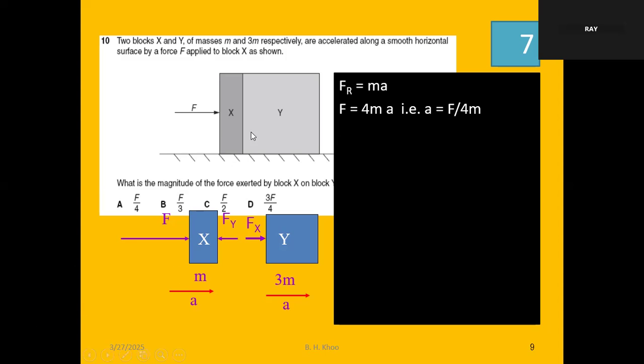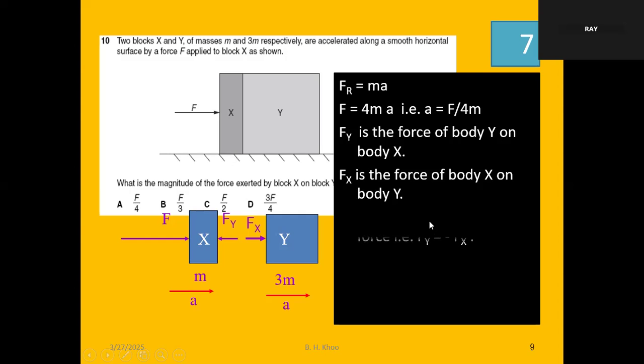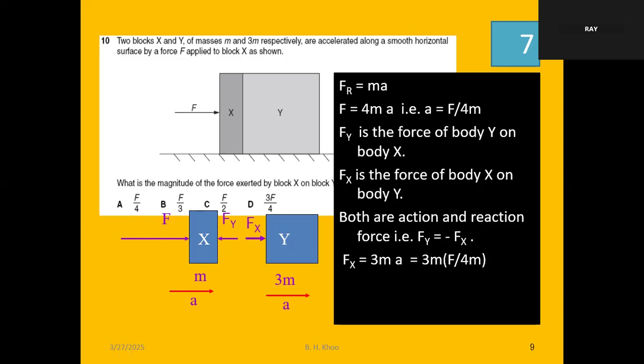Acceleration is the same in this case, or in this case, or in this case. It's the same. So calculate the acceleration first. F equals 4ma for this part. a is F over 4m. And this one is Y on X. Y acting on X. There's this force there, force of X acting on Y. Action and reaction forces are equal. Both are action and reaction forces, Fx and Fy.